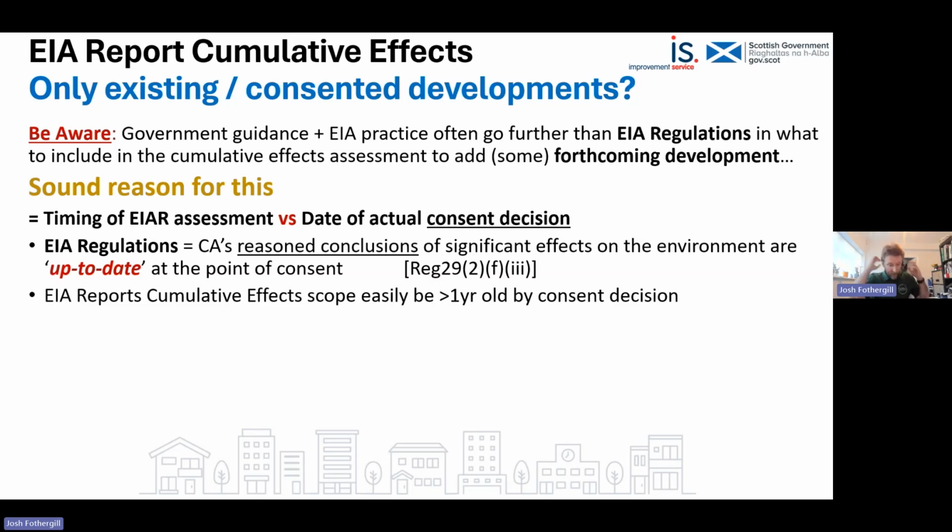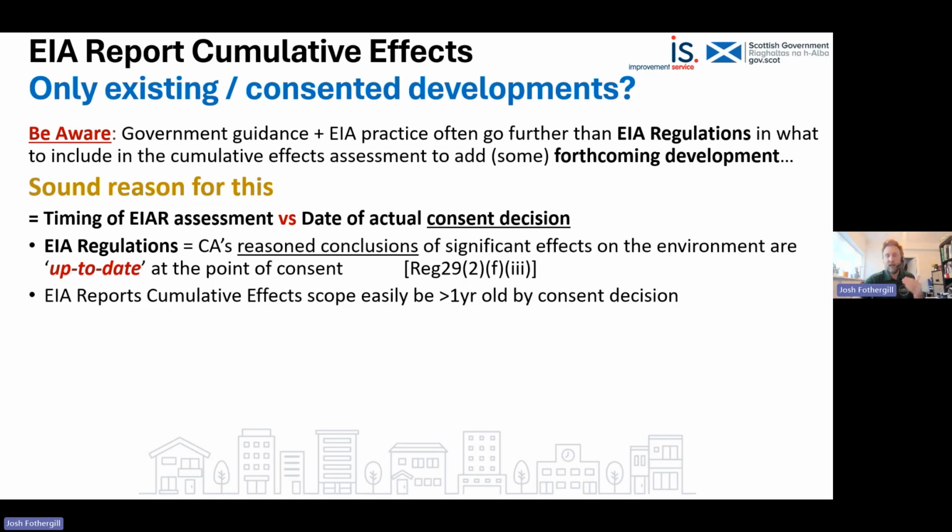And obviously that decision, whether it is to give consent or to refuse consent, is going to be months, if not potentially years, after the scoping process has been undertaken for the EIA. So inevitably, EIA reports have to be a certain amount speculative to look forward.